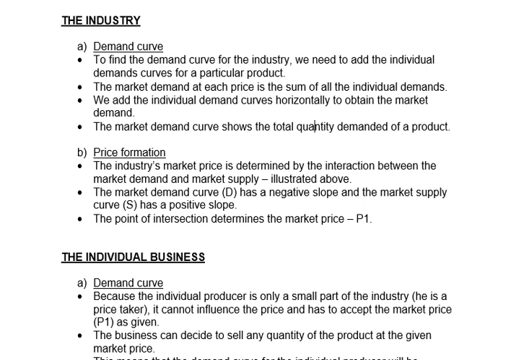We add them all together, and that is going to give us the market demand. So we add the individual demand curves horizontally to obtain the market demand. I'm quickly going to explain that to you.